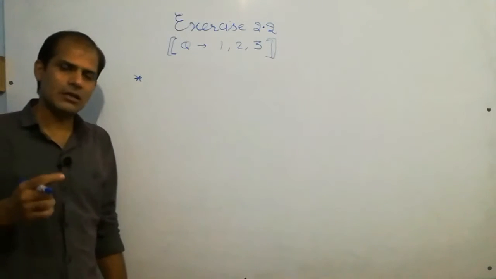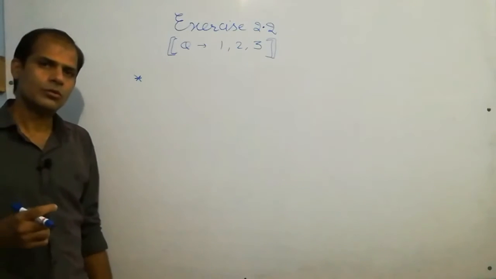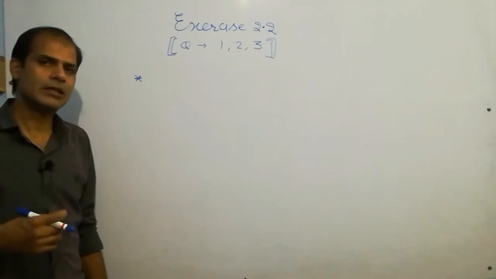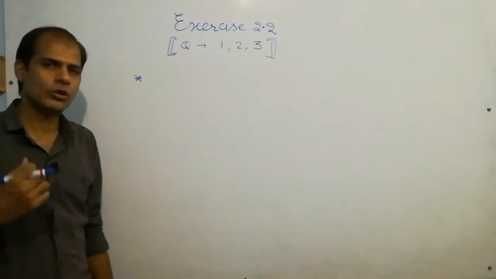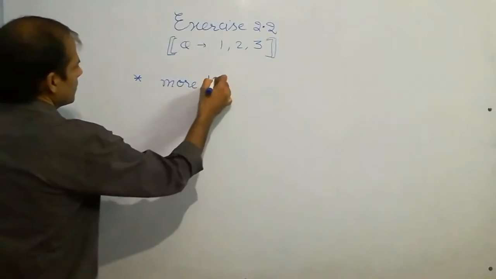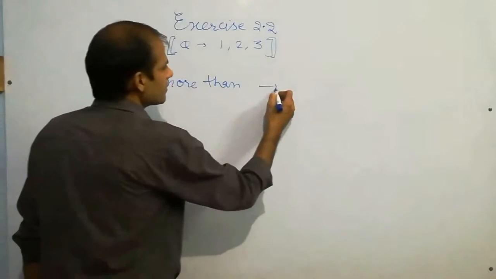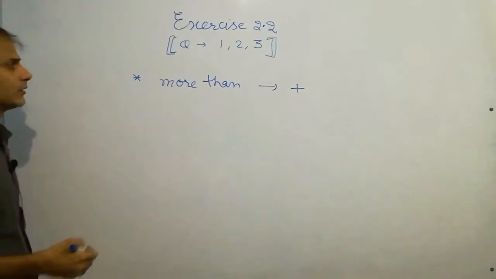यहाँ पर हम स्टेटमेंट्स और जो वर्ड्स हैं उनको ट्रांसलेट करेंगे मैथमेटिकल इक्वेशंस या एक्सप्रेशंस में. कैसे करेंगे देखिए. Always, more than. If you see more than, it means you will perform addition.